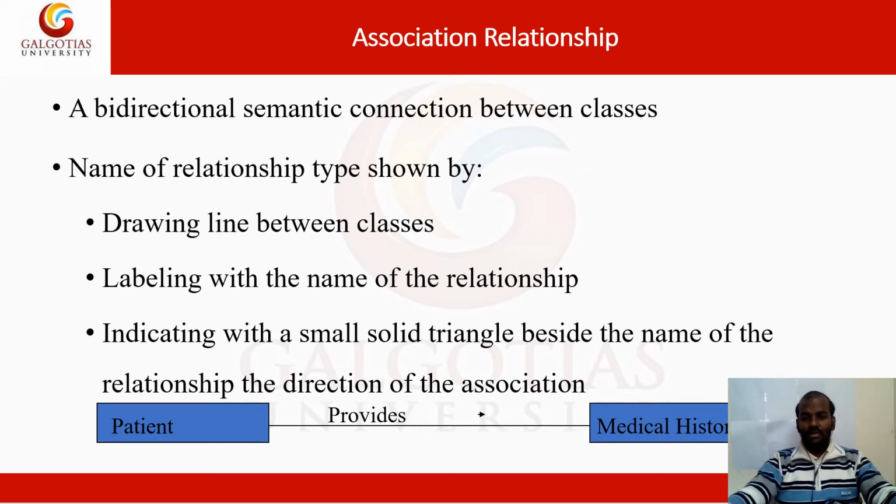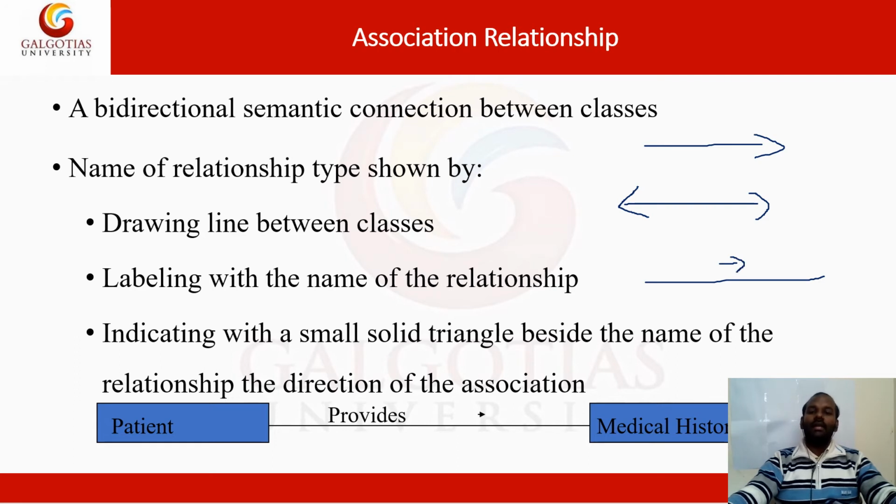Sometimes it can also be a straight line that is bidirectional. Sometimes it is a straight line with one single arrow mark, and they will mention the purpose of the communication between the two different classes.